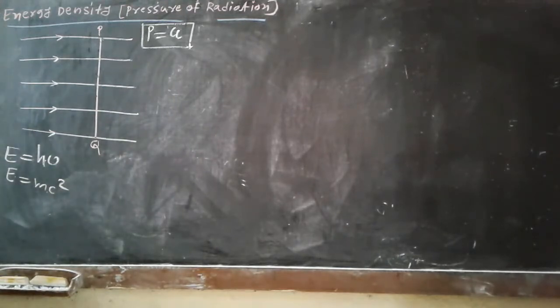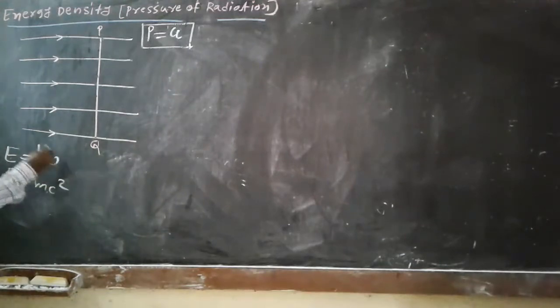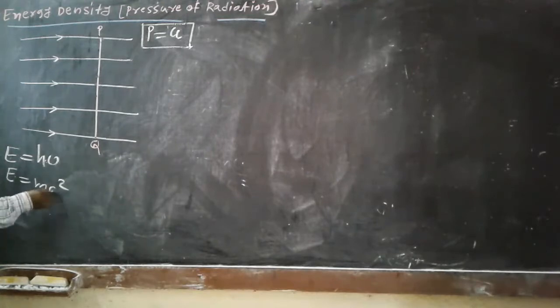We get two equations: energy of the photon is equal to h nu, and Einstein's mass energy relation, E equal to mc square, where m is mass and c is the velocity of light.